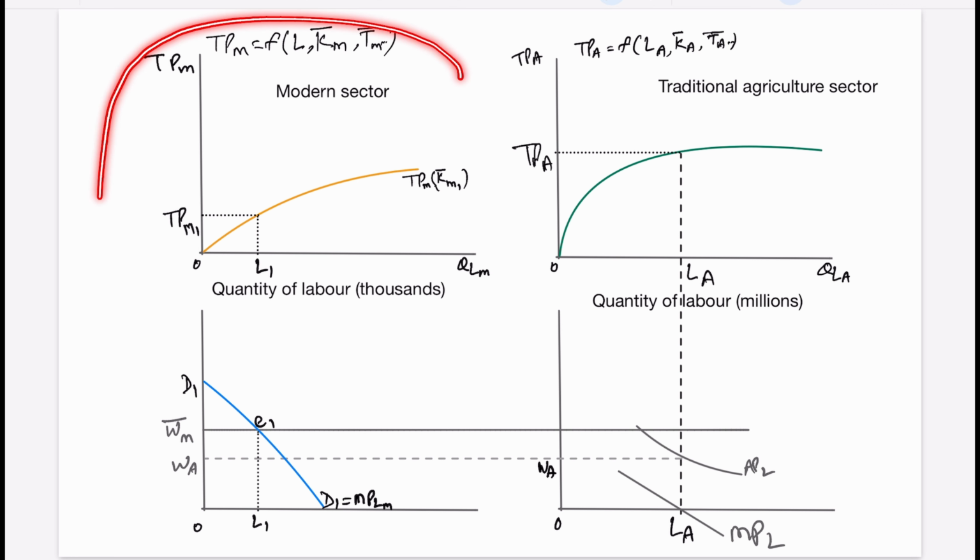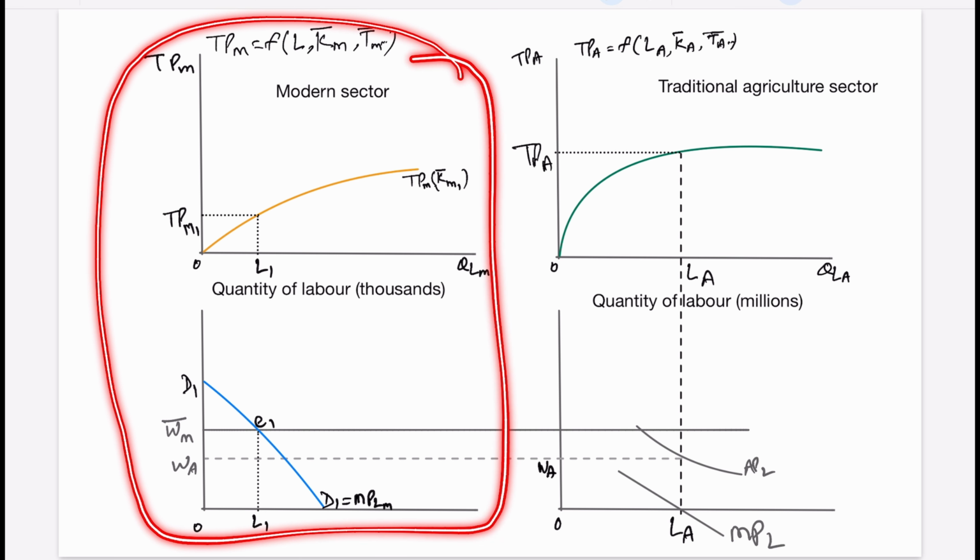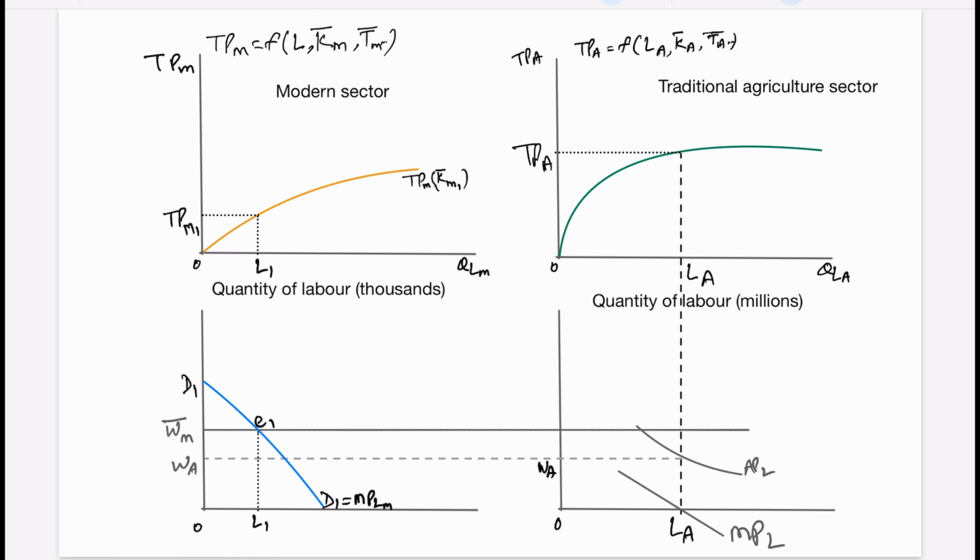Now let's talk about the modern sector, that is the manufacturing sector. So you see that here again, this is the quantity of labor in manufacturing. This is the total product of the workers in manufacturing. And this is linked by this production function, which says that it depends on labor in manufacturing, capital in manufacturing, which is fixed, and technology in manufacturing, which is also fixed.